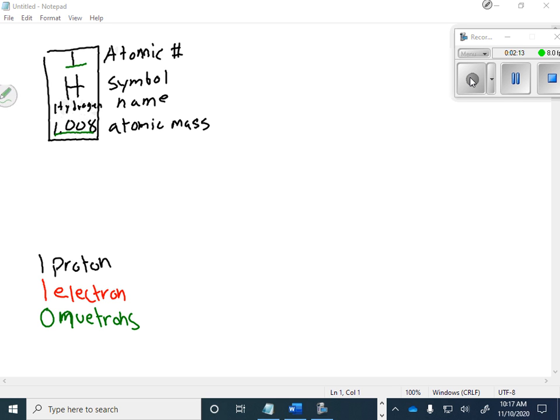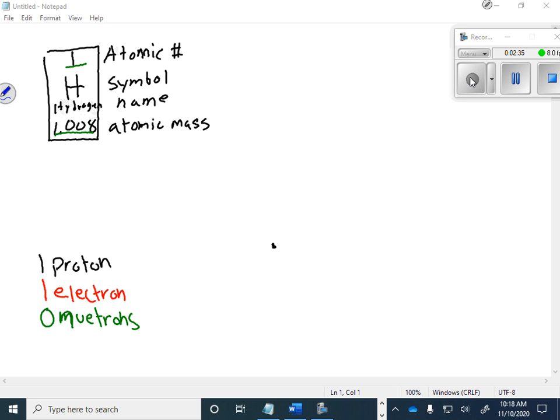And so if we wanted to make a model of this atom, we would do the nucleus first, which is in the center. For hydrogen, it only has 1 proton. So we just have 1 dot in the middle.